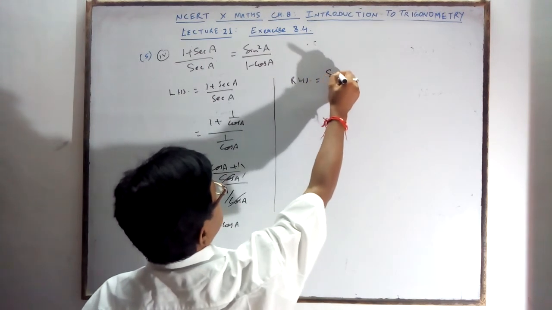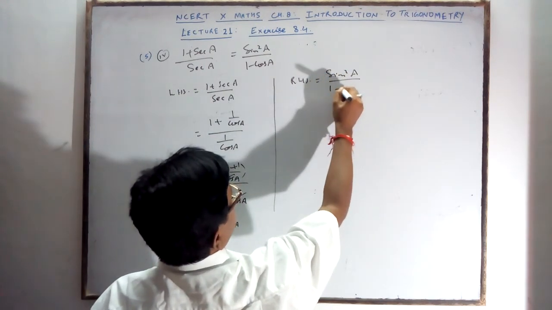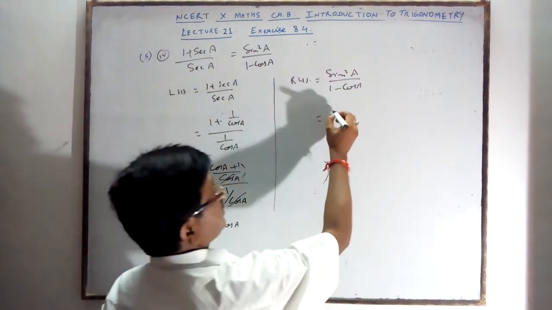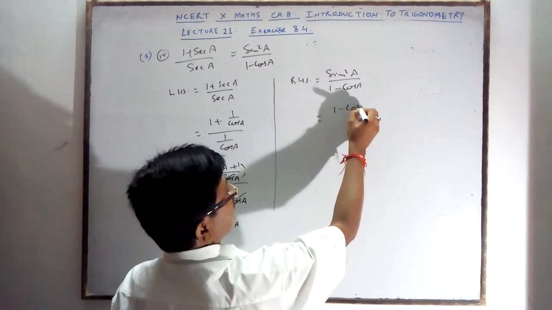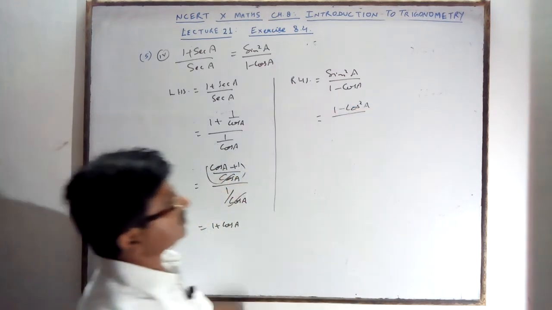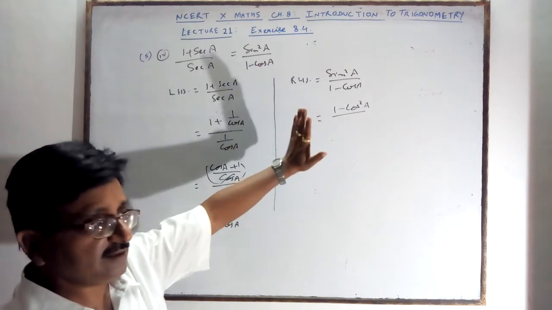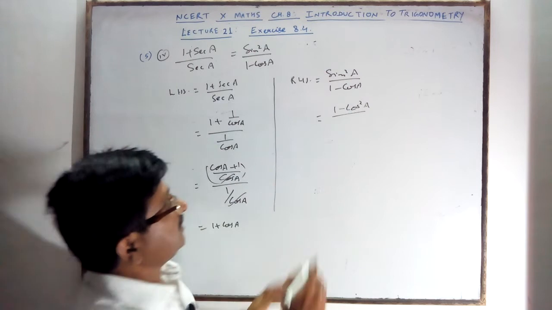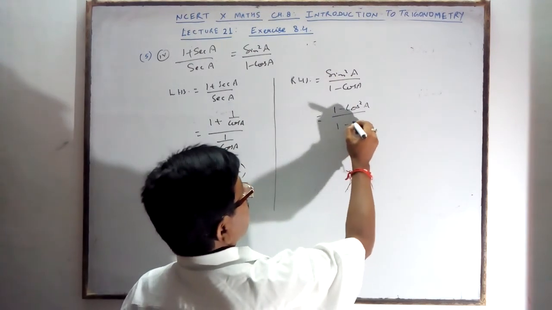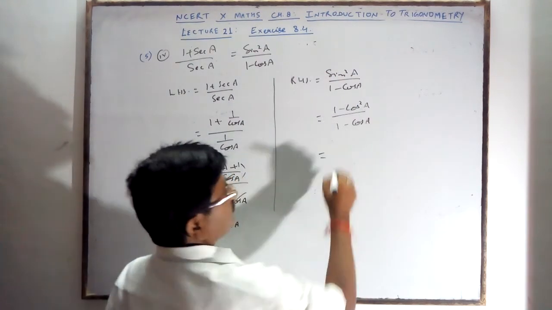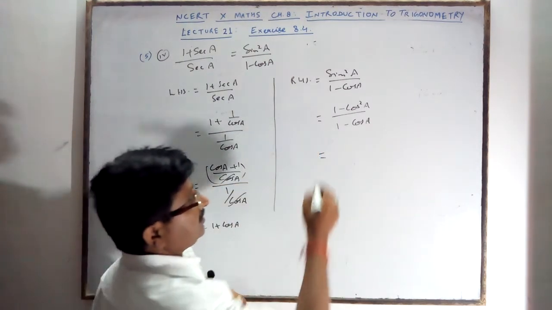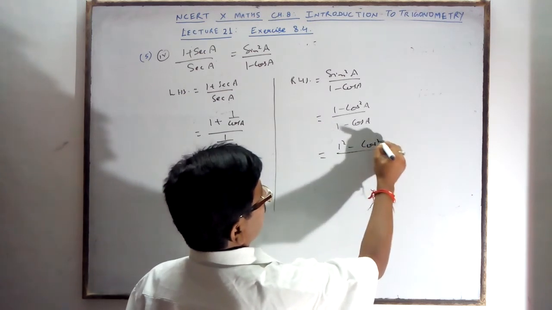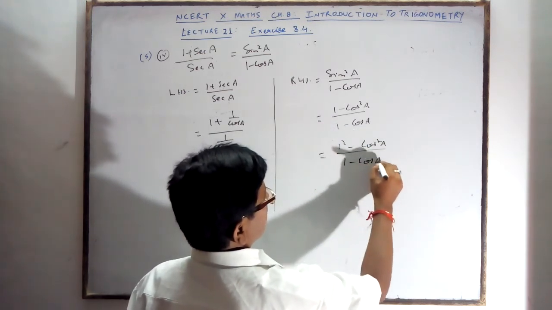You can solve RHS also. RHS: sin square a upon 1 minus cos a. So you want cos, so sin you change into cos. By the identity you can write 1 minus cos square a, because sin square a plus cos square a is 1. So sin square a is equal to 1 minus cos square a. 1 minus cos square a means 1 square minus cos square a upon 1 minus cos a.